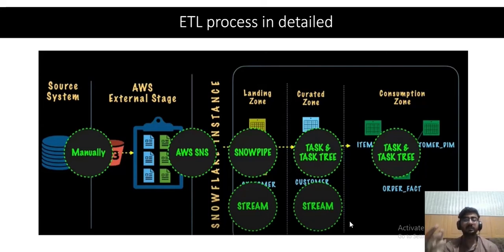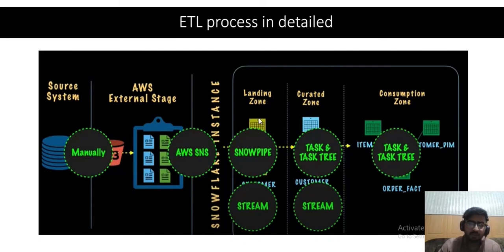So here stream is telling task, okay, this is the new data, so you want to only use this new data which came recently inside landing zone and apply transformations, and it will listen to this stream. So task will be using stream just to identify new rows, new data, new files coming inside landing zone, and will be applying transformations and then storing them into a curated zone.